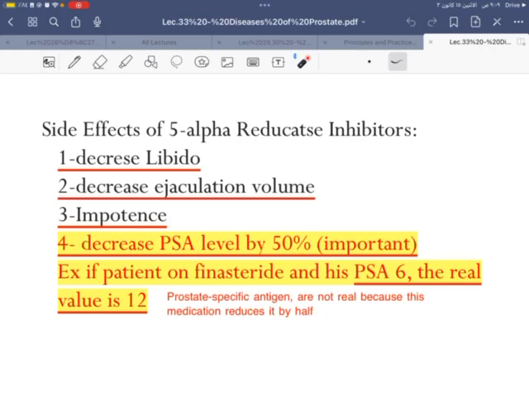So you should correct the total PSA to 6. You should multiply it by 2, because finasteride reduces PSA by half after 6 months of use.